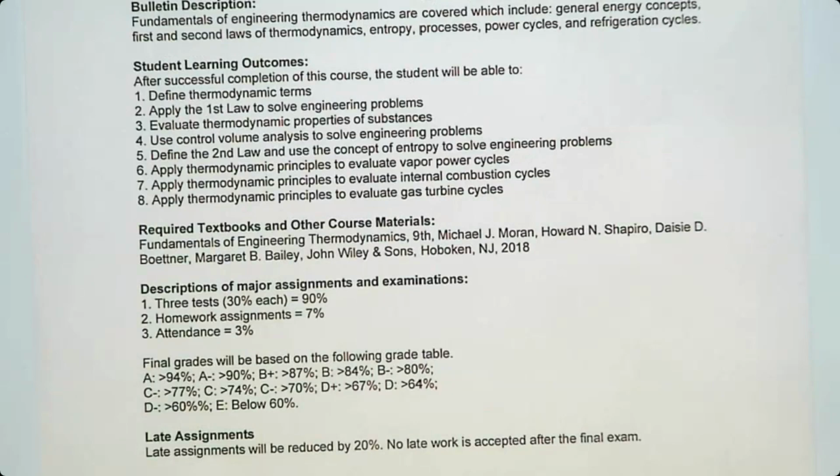Another question may be, can I use an older edition, the previous edition, 8th, 7th, which is cheaper? No problem. You can do that, but you need to find a rich friend who has the latest edition because the homework assignments are based on the latest edition. I don't have all the previous editions to find the matching homework assignments. I cannot do that.